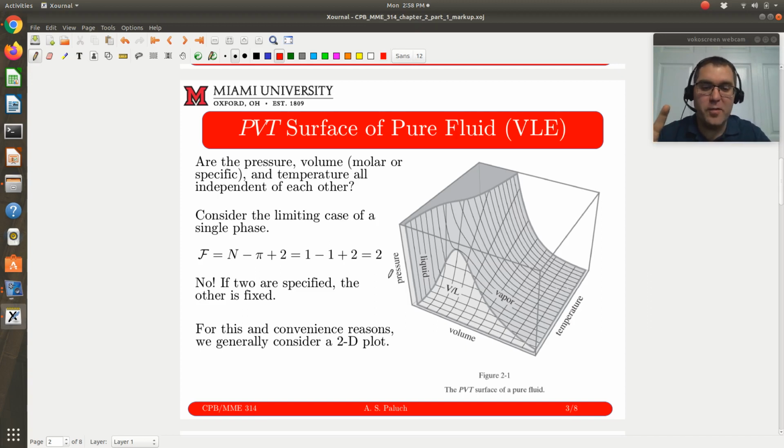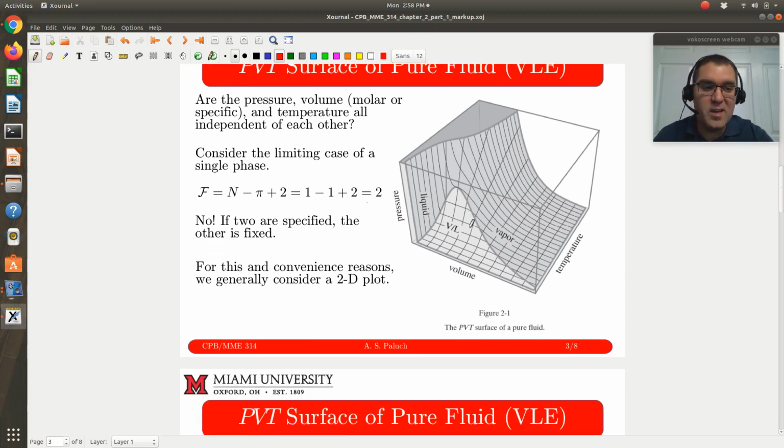I have 2 degrees of freedom. So with pressure, volume, temperature, I could plot out the PVT phase behavior of my system as a 3-dimensional surface like this. But in this case of single component, single phase, I have just 2 degrees of freedom. So what we normally do is look at 2-dimensional planes of our 3-dimensional surface, since I only need 2 degrees of freedom to characterize my system.